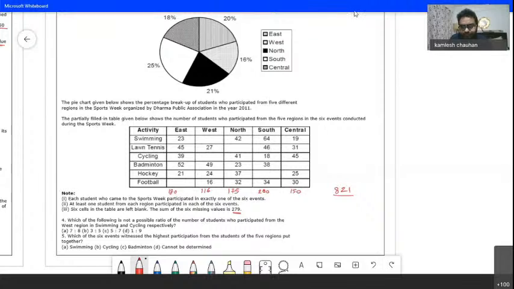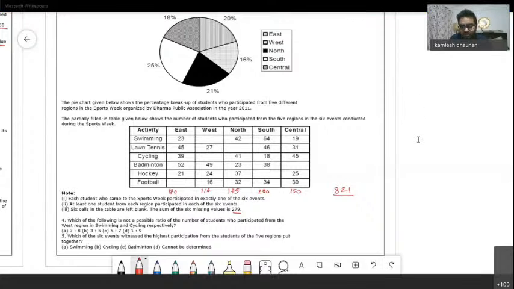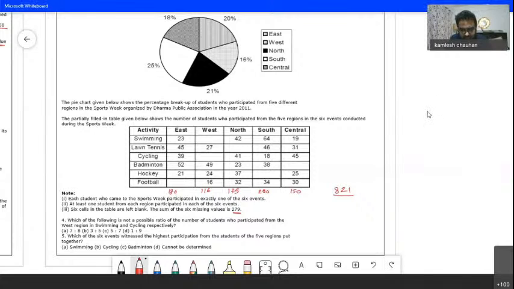It's not 721, it's 821. So this sum is 821, plus we add 279. This is equal to 100 percent. That means 1% is equal to how much? 11.